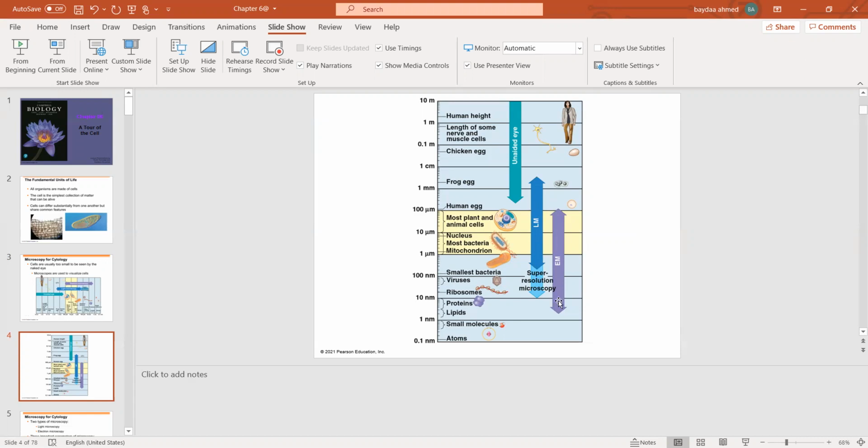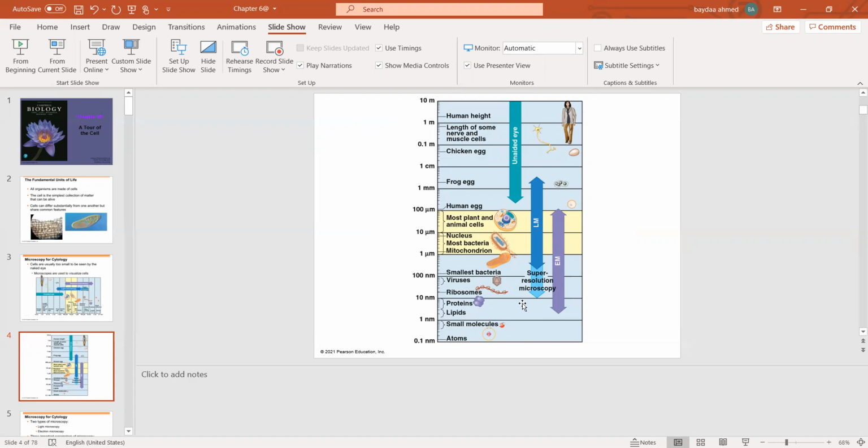Note that we don't have anything on here that will show us atoms directly or even small molecules directly. Chemists use X-ray diffraction or X-ray crystallography. They use scanning tunneling microscopes, special instruments.